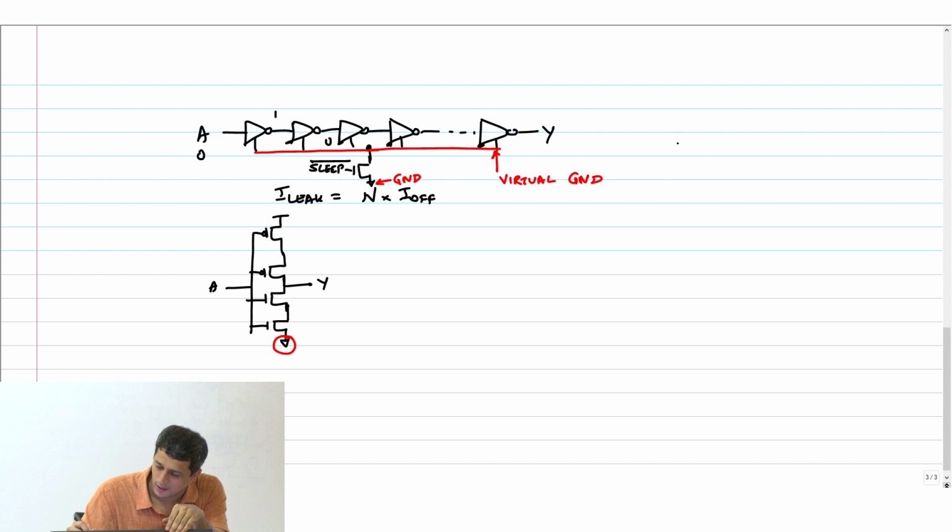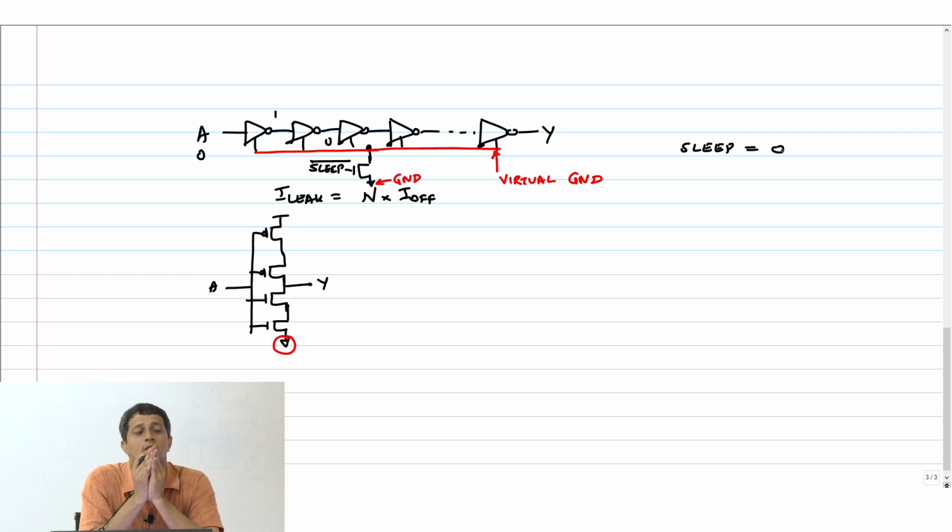So what will happen when sleep equals 0? Yes, the NMOS transistor, right? And this transistor, I'm going to call it the sleep transistor. The sleep transistor will turn on and connect the virtual ground to ground, right?